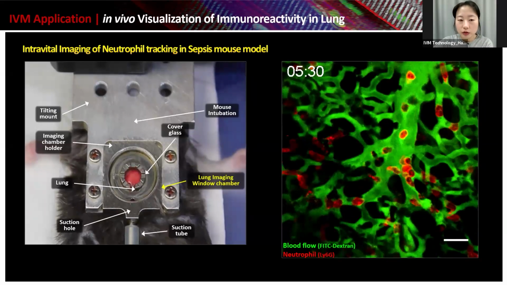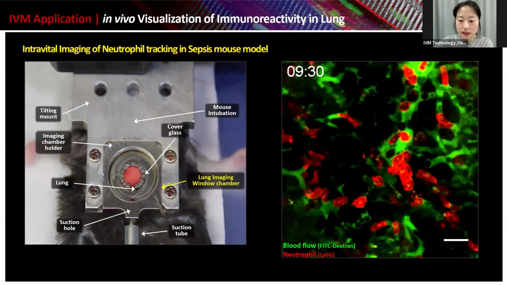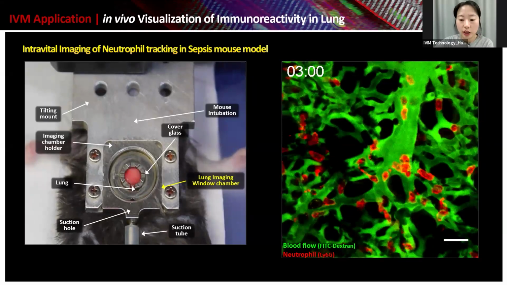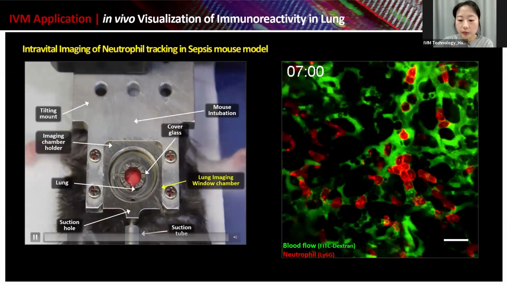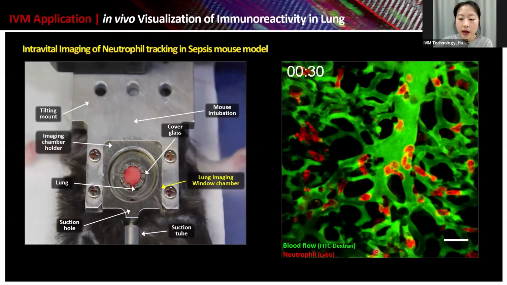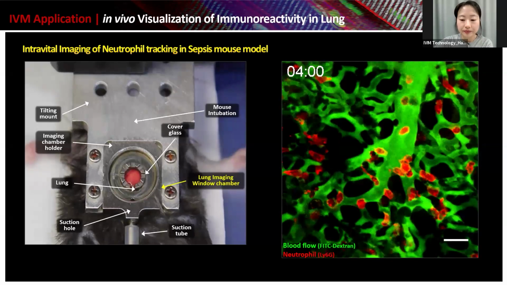By applying controlled negative pressure, the device effectively immobilizes the tissue, enabling the acquisition of high quality, stable images. With this setup, we were able to capture real-time cells moving through pulmonary vasculature as shown on the right video, and we could also perform long-term imaging without losing stability.